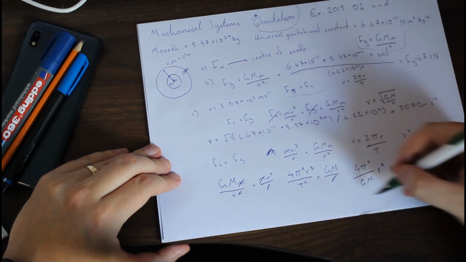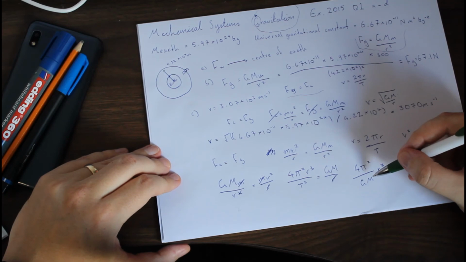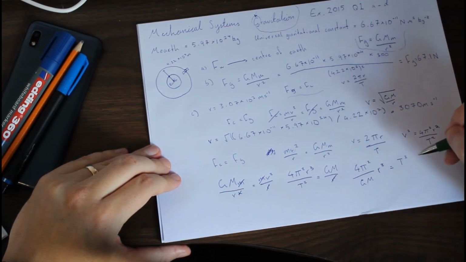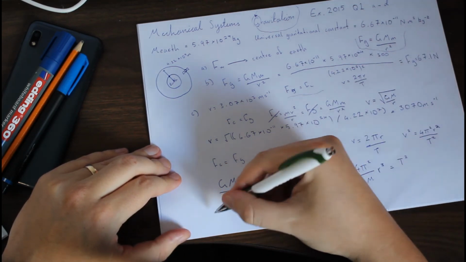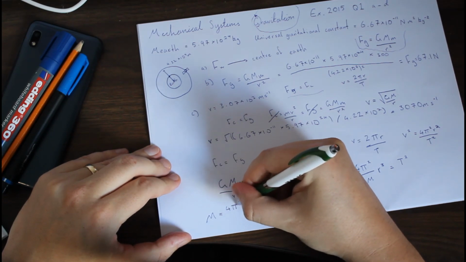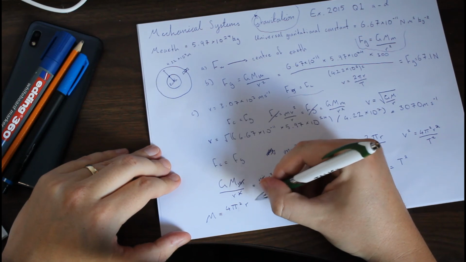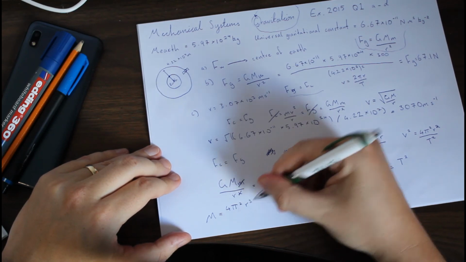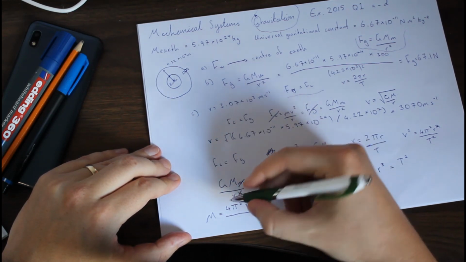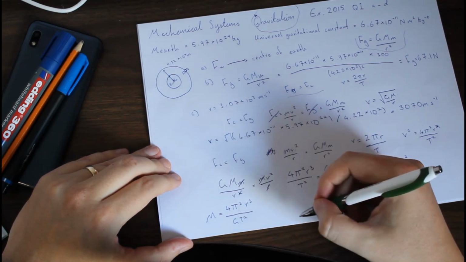So we'll do it quick. We'll go back a little step. We're going to put T back in there and make the mass of our moon, the larger mass, our big M, the subject of the equation, and that will give us M equals 4 pi squared R cubed over GT squared, or TG squared, either way you write it.